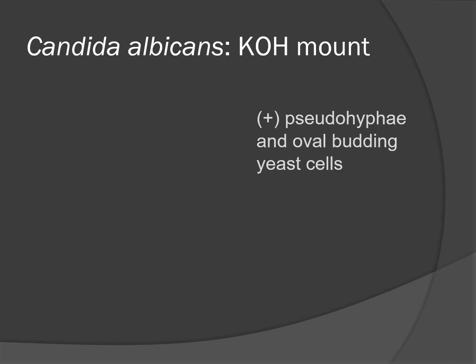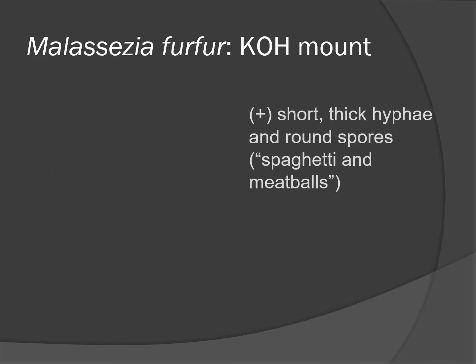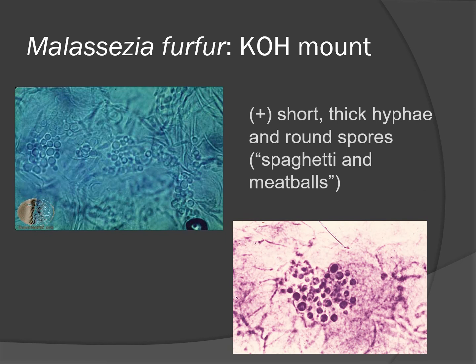For Candida albicans, what we will see is the presence of pseudohyphae and oval budding yeast cells such as this. For Malassezia furfur, which causes tinea versicolor, what we will see is the presence of these short, thick hyphae and multiple round spores, giving the slide what we call a spaghetti and meatballs appearance.